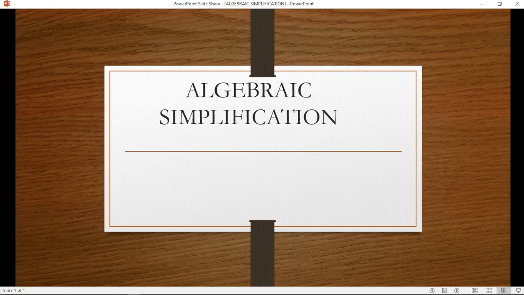So today's lesson we are going to look at algebraic simplification as we have done earlier. Specifically we are going to look at multiplication of algebra. We've learned something about it already, but let us look at the rules that govern the multiplication of algebraic expression.